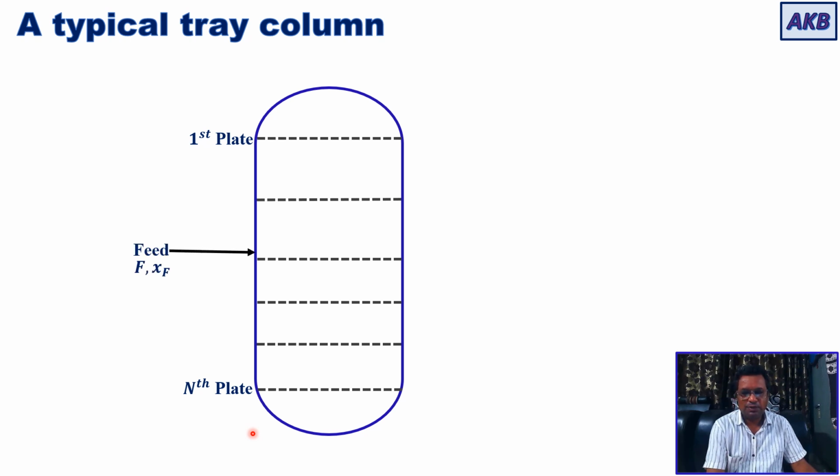Then you have the feed plate, the plate on which feed is introduced into the column. So this will be the feed plate. Then any plate in the rectifying section, that is the section above the feed plate, let us consider any plate, small nth plate. Then in the stripping section, that is the section below the feed plate, I'm considering any plate.